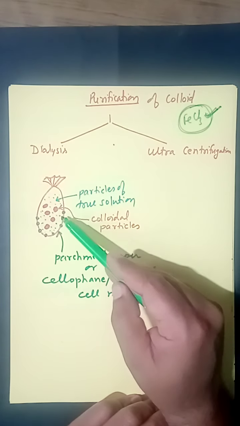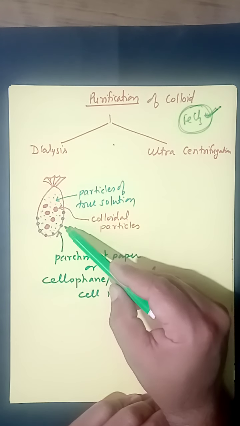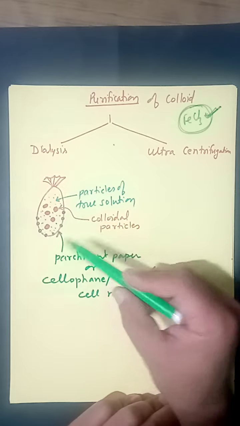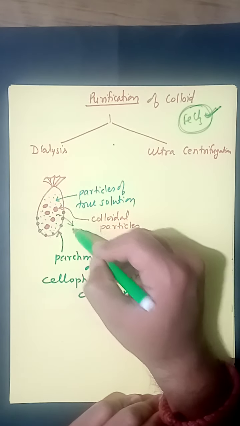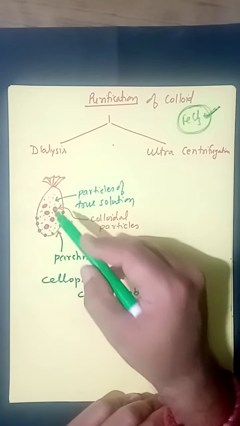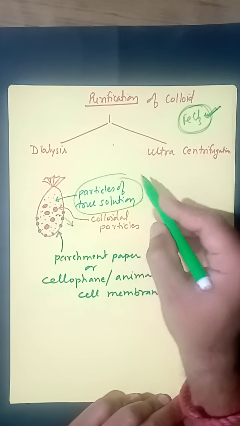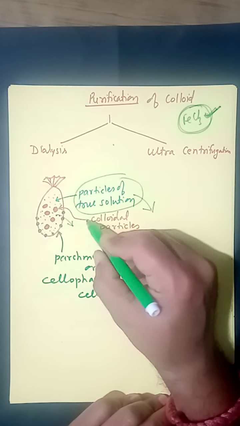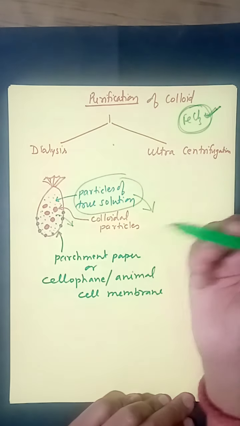You can see the size of particles of true solution is very small compared to the pore. So particles of true solution can come outside, but particles of colloid cannot come outside because of their size. In this way we can use this method for purification.